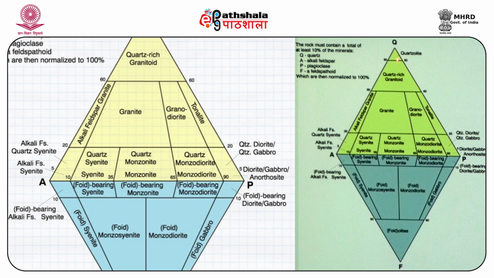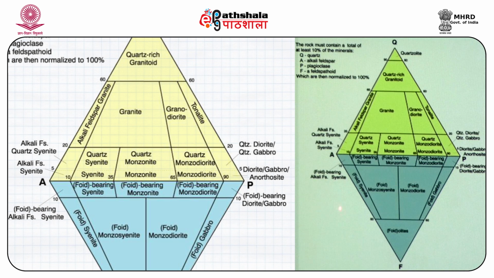You go from rocks very rich in quartz to less quartz and more alkali feldspar and plagioclase. This is how the classification goes, and these are all plutonic rocks. Plutonic rocks are those rocks which crystallize at some depth and have enough time to form bigger crystals which you can see with the naked eye.